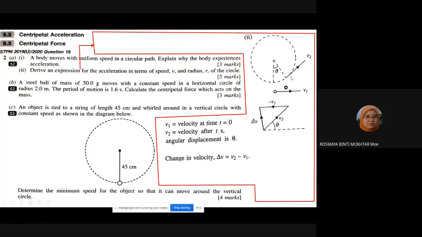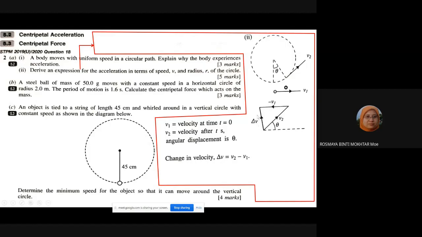So in the vector diagram, v2 is this way. Minus v1 means we need to change the direction of v1 to here. You follow the angle here using the vector diagram. The resultant equals the change in velocity, because v2 minus v1, from the sum of vectors.